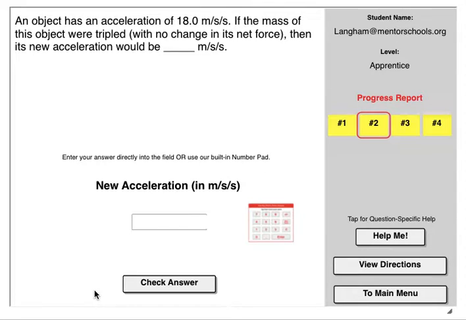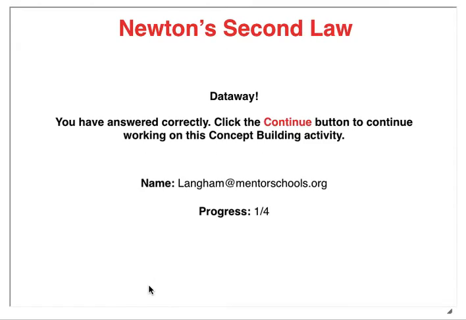You just take the 3 from the numerator, put it in the denominator, becomes 1/3. So 1/3 of 18 is going to be 6. Check answer. Hooray.